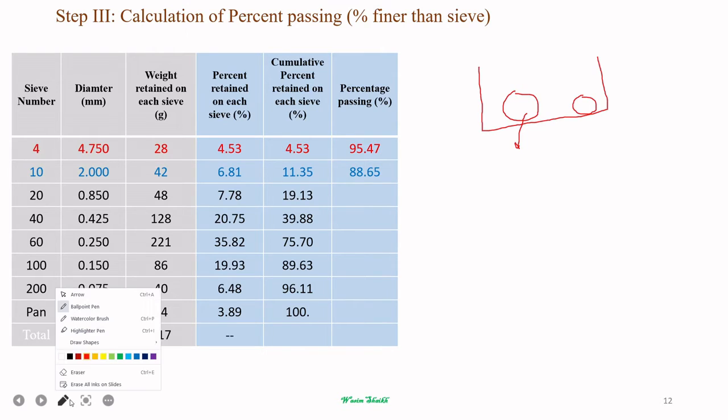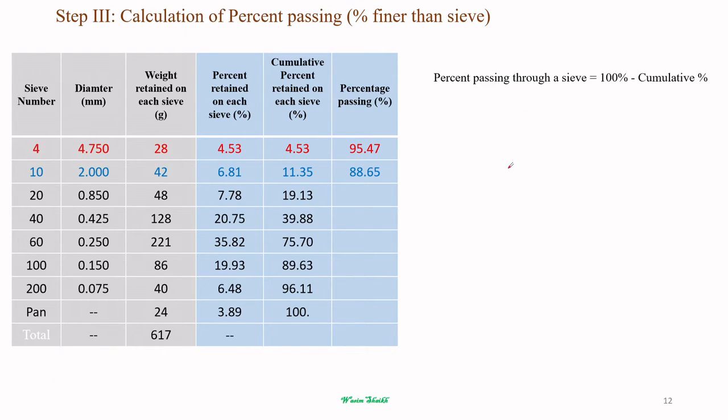So this is very simple. Look at the formula: percentage passing through a sieve is 100% minus cumulative percentage retained on that sieve. For example, let's look at sieve number 4. Percentage passing through sieve number 4 will be 100 minus this value, 4.53, which will give you this value.